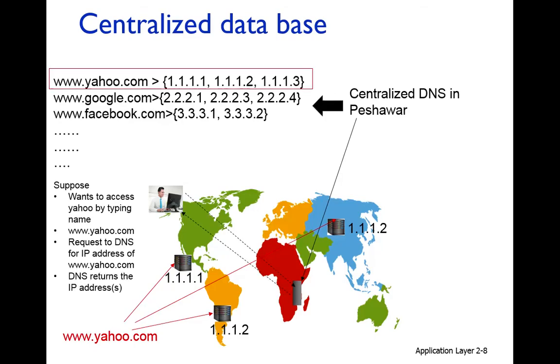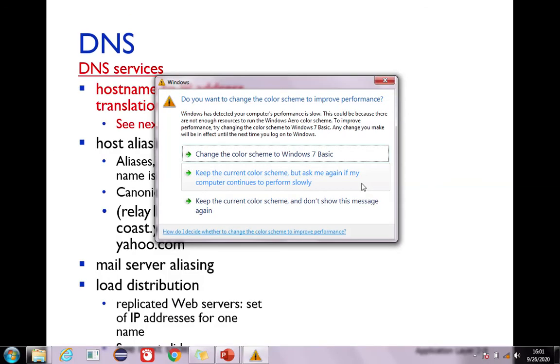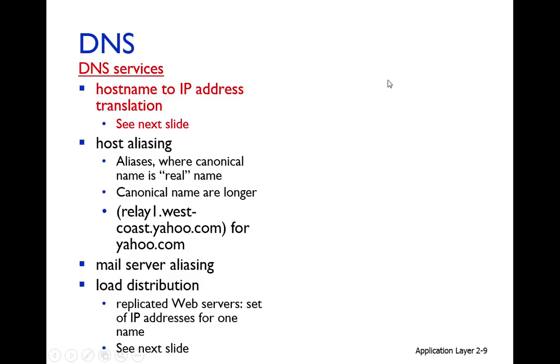I think this example is clear to you. So the first service is to translate the host name to IP address. Second, it also provides host aliases.